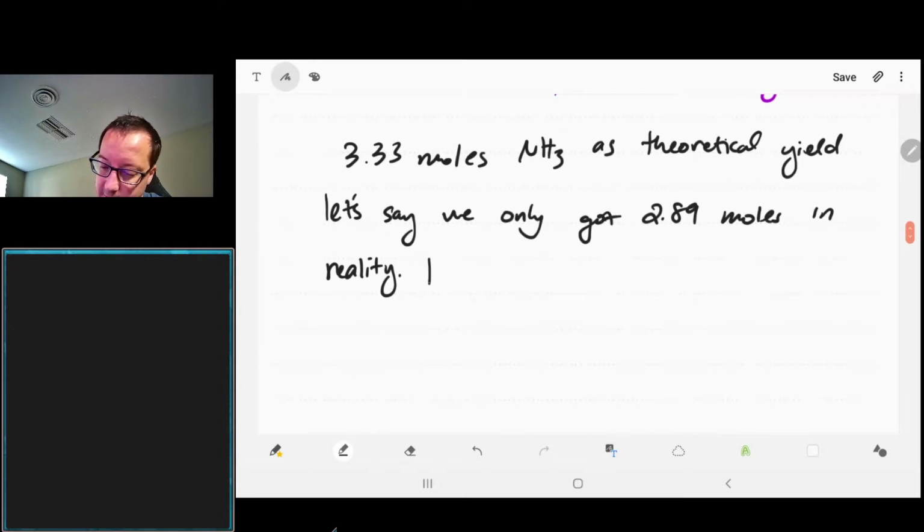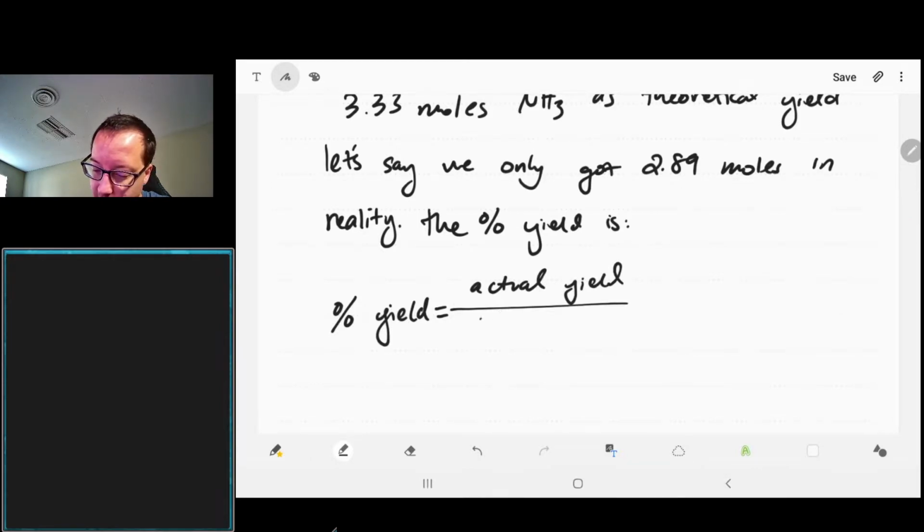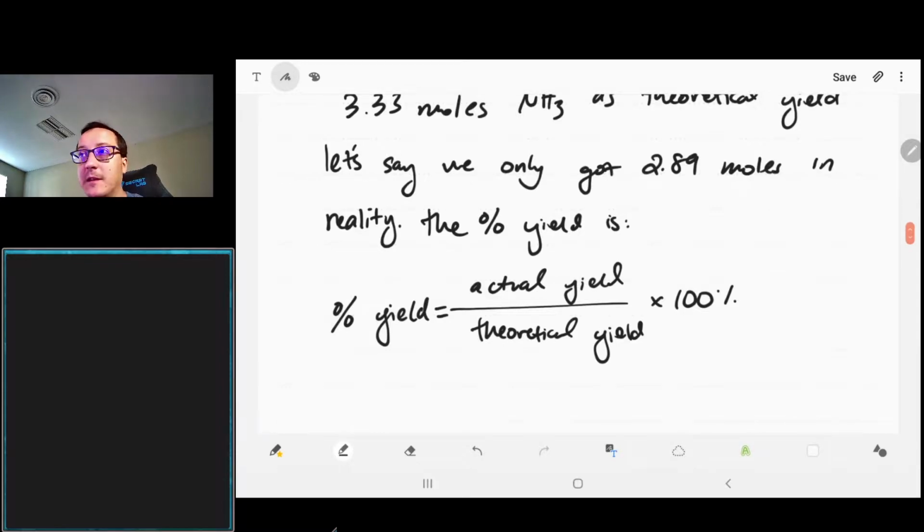The percent yield, we have a little formula here. So that's the actual yield over the theoretical times 100%. These just need to be the same units.